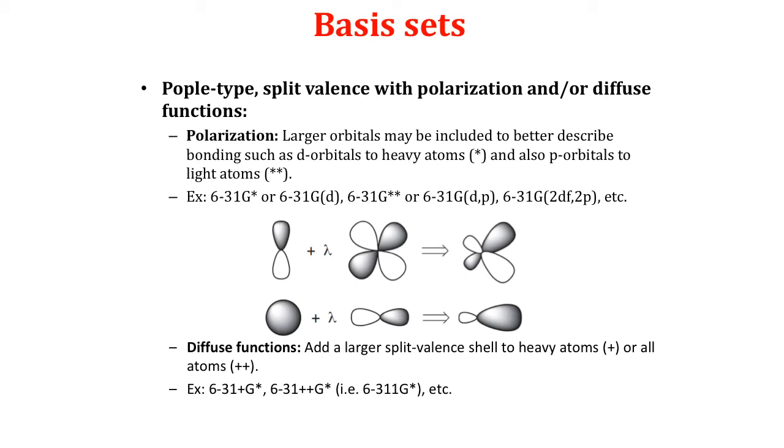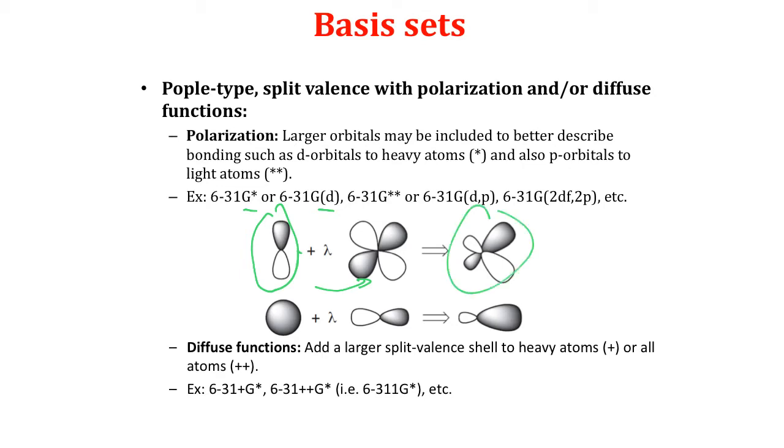So we can add polarization with the star symbol or 2 stars and even more. We can add polarization such as d. So if we see a 6-31G(d), that's the same as the star. That's adding d polarization to p orbitals. So it's taking every p orbital and polarizing it with d orbitals.